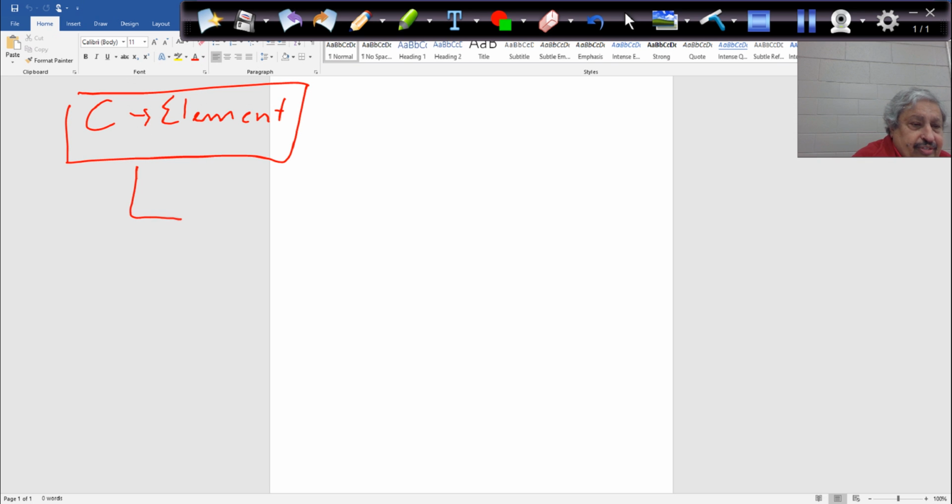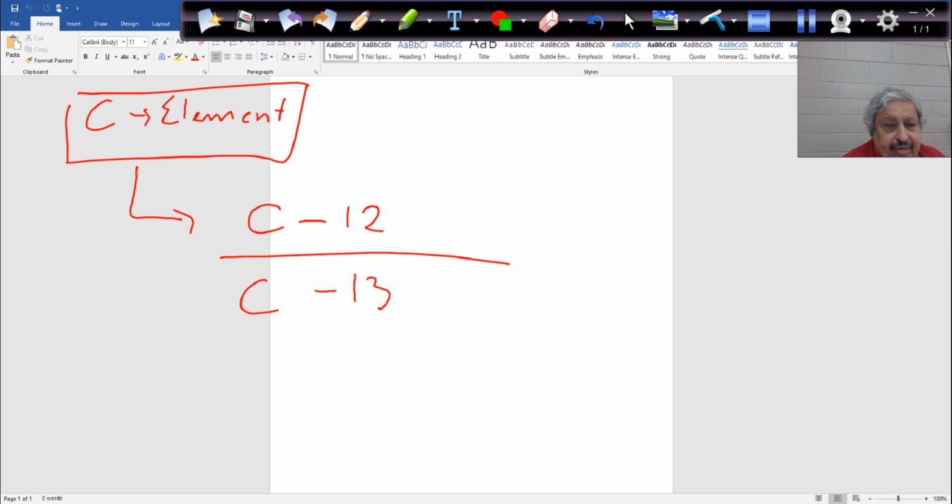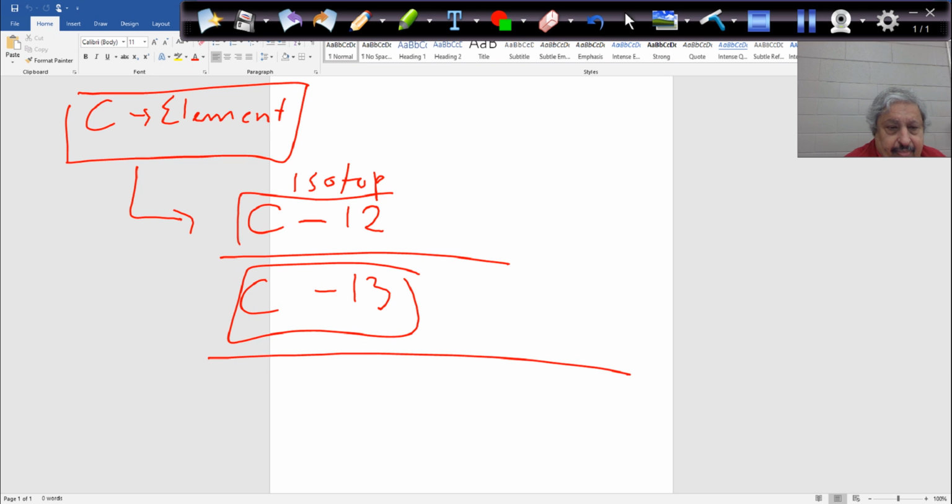Now out of this element we'll have C12, C13, and C14, these are isotopes.